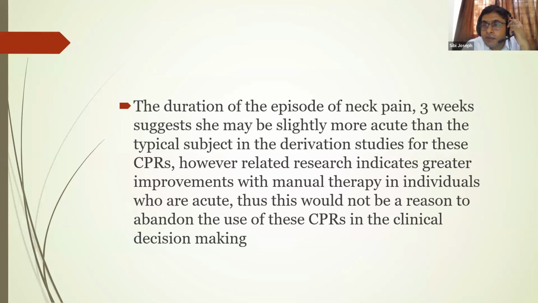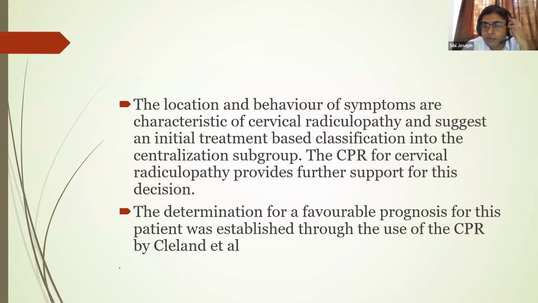The duration of the episode of neck pain, 3 weeks, suggests she may be slightly more acute than the typical subject in the derivation studies for these CPRs. However, related research indicates greater improvements with manual therapy in individuals who are acute. Thus, this would not be a reason to abandon the use of these CPRs in the clinical decision making.